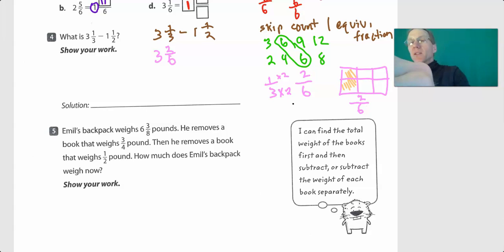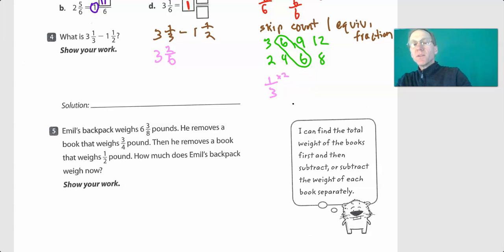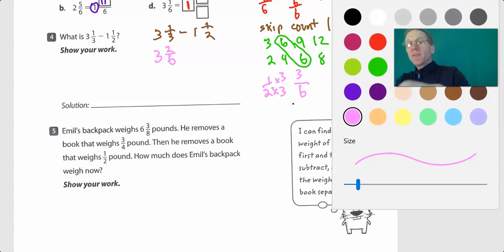Okay? Now let's do the same thing with 1/2. And I'm going to have to get rid of some of this space here. Okay, so now we have 1/2, and I'm going to make that pizza have 6 slices. I'm going to triple the number. What did I just do? There's my pizza of 1/2.